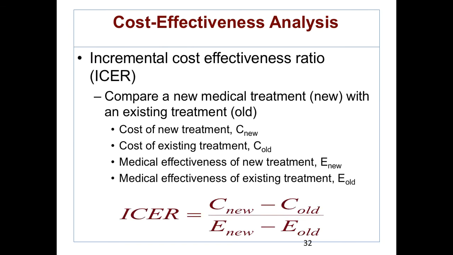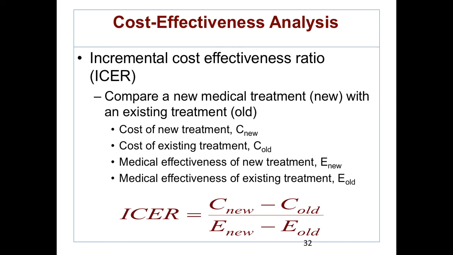Now, the incremental cost effectiveness ratio: incremental means additional. So the incremental cost effectiveness ratio is the additional cost effectiveness ratio. You are comparing the new medical treatment, procedure or service, the new one versus the old one. The cost of the new treatment we show by C new, and the cost of the existing treatment is the cost of old, or C old. And the medical effectiveness of the new treatment is E new, and the medical effectiveness of the existing treatment is E old.